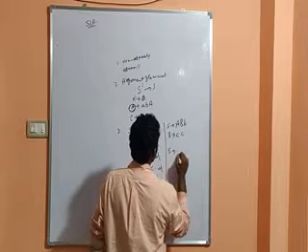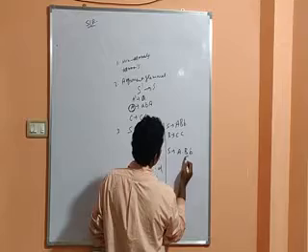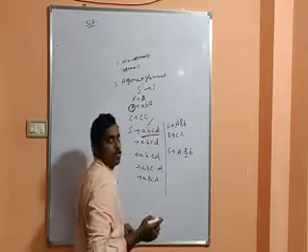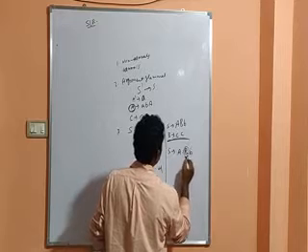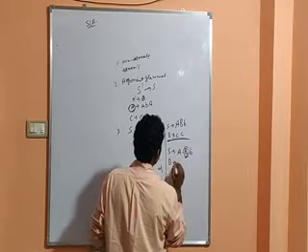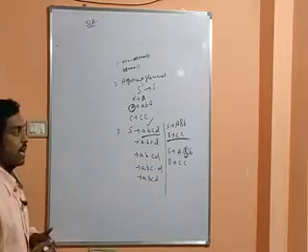S tends to A dot B, B. Here B is a non-terminal variable. So what you have to do is write whatever grammar starts with that particular variable, here B. This is the point we have to remember.